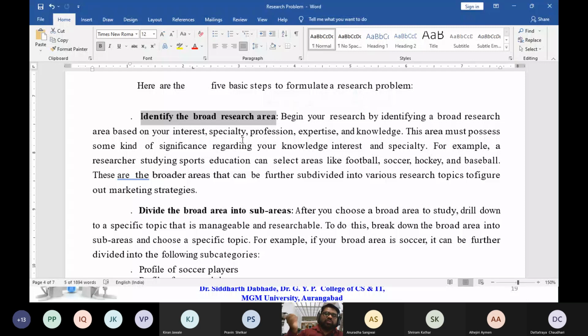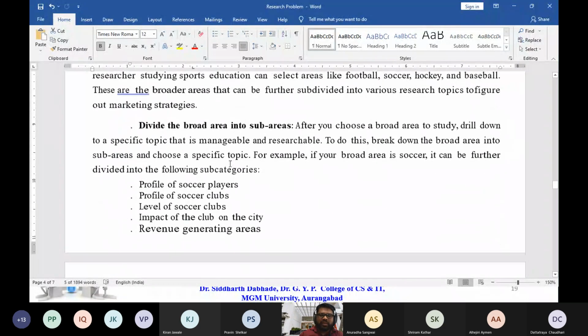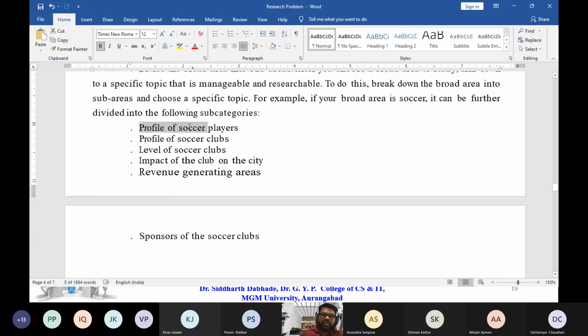For that you need to divide your broad area into sub areas, right? And once you have divided your sub area, then you go to the particular point. If you take an example of dividing into subcategories, here is an example: profile of soccer players, profile of soccer clubs, level of soccer clubs, impact of the club on the city, revenue generation areas, sponsors of the soccer clubs.